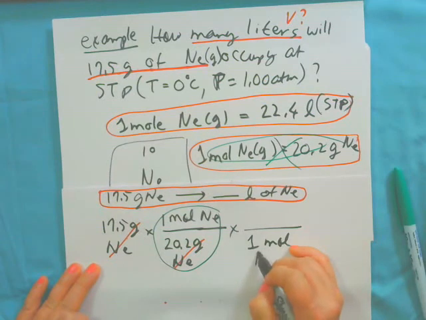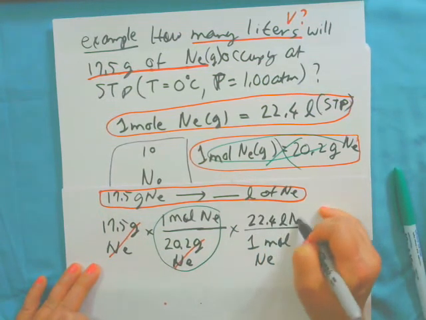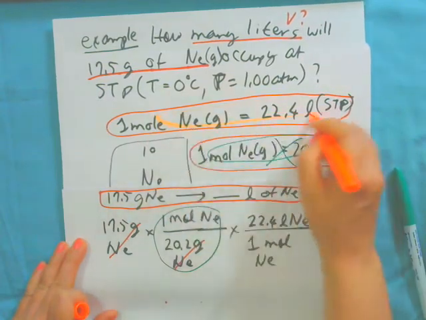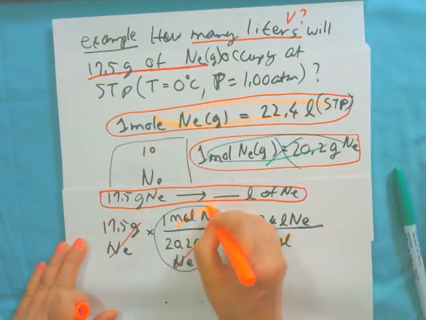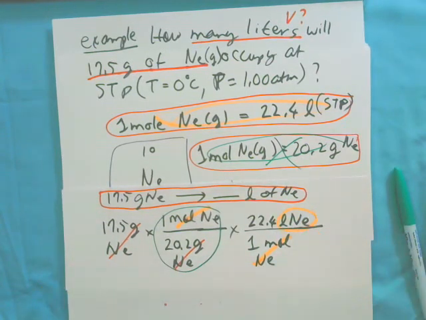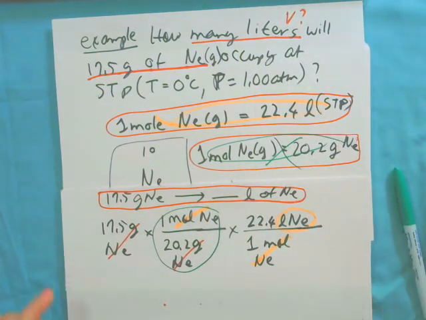So I got 1 mole of neon on the bottom, and I've got 22.4 liters of neon on top. I can see that I will be able to cancel out my moles of neon on the bottom from my moles of neon on the top. And the only unit that I have left is liters. And I was looking for liters of neon.